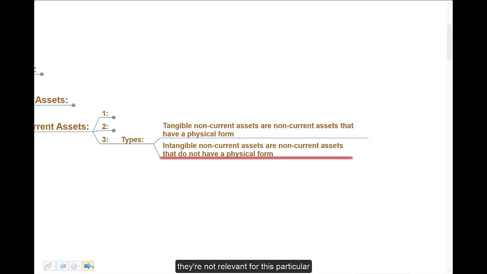They're not relevant for this particular chapter. Let's just note that so far all that we've touched on is two different types of tangible non-current assets, and indeed the fact that we can also have current assets, which have a shorter time frame.